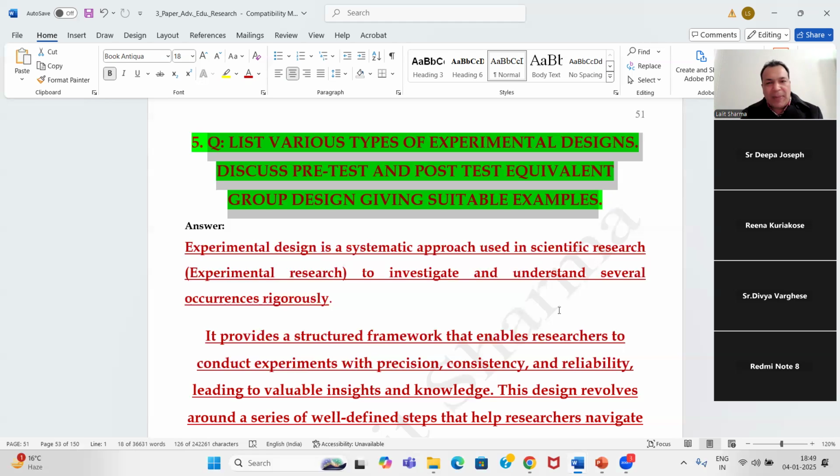So guys, what are the experimental designs? Even a little bit of experimental design we did in the previous part 1 lecture also. I have told you the difference between experimental design and experimental research, right? Experimental design means the plan, how you have to proceed.